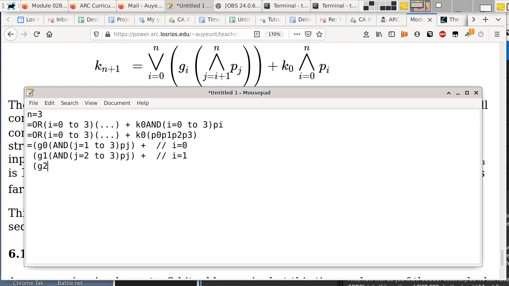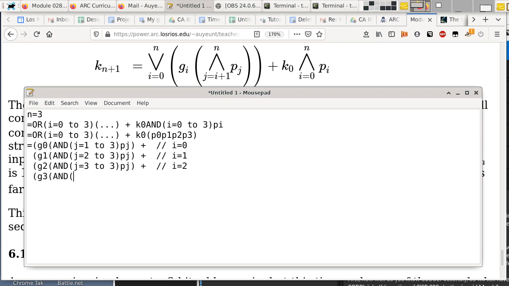Then we have g2 because when I equals 2, this is what we're going to have. j equals 2 to 3, 3 to 3, pj, plus, okay, this is when I equals 2. And now we have g3 because this is what happens when I equals 3.